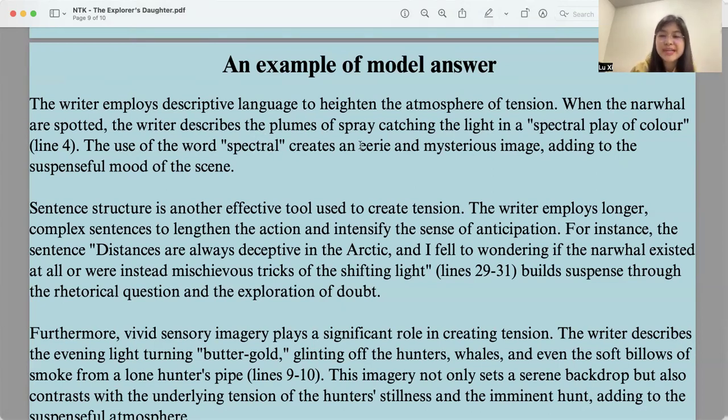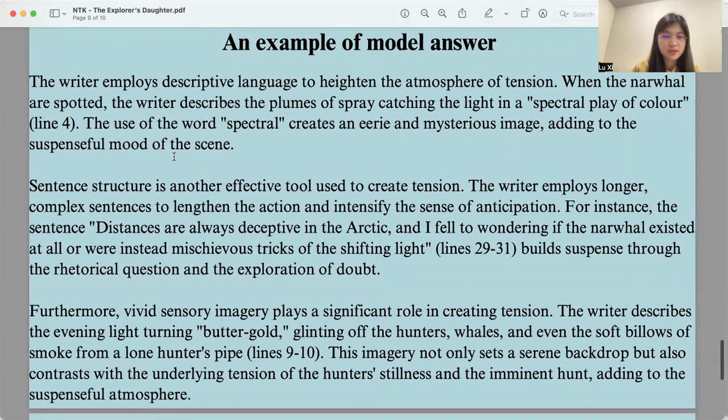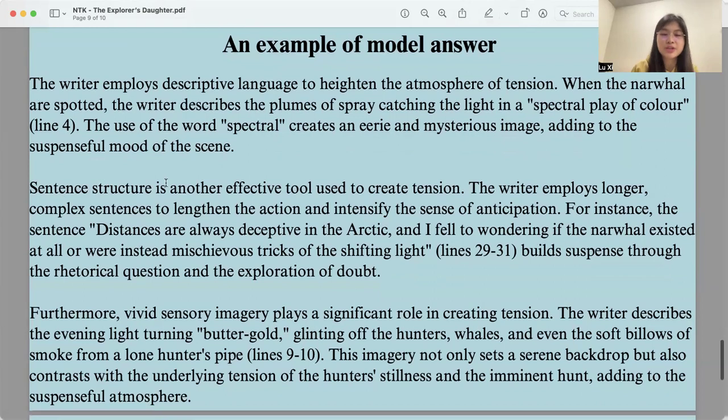The spectral creates an eerie, a creepy and mysterious image, adding to the suspenseful mood of the scene. And also, sentence structure is another effective tool. Let's see the example: 'Distances are always deceptive, and I fell to wondering if the narwhal existed at all or instead mischievous tricks of the shifting light.' This builds suspense through the rhetorical question and the exploration of doubt.